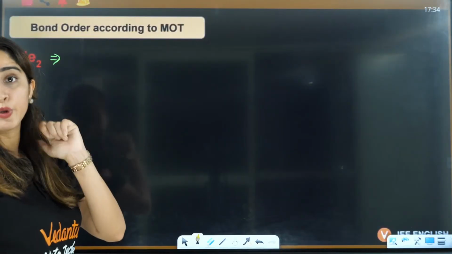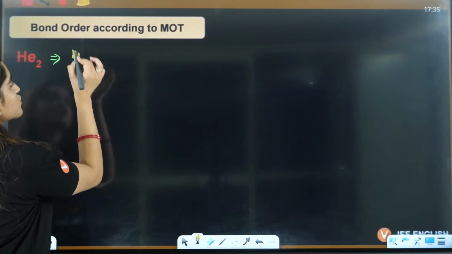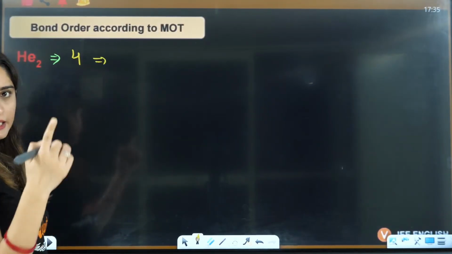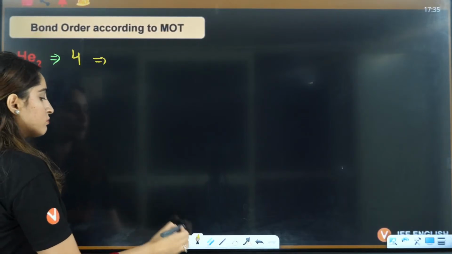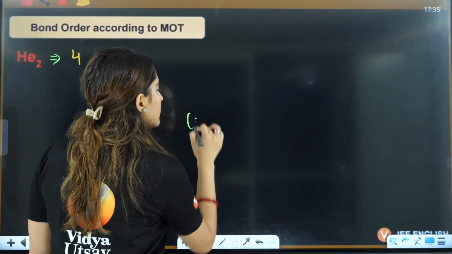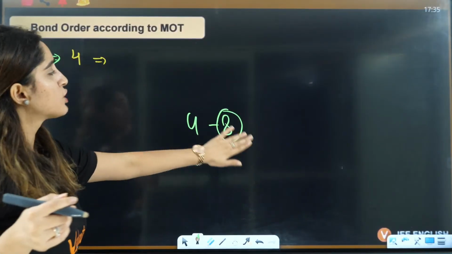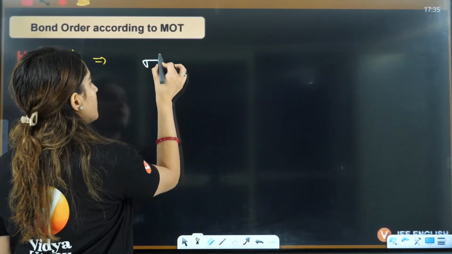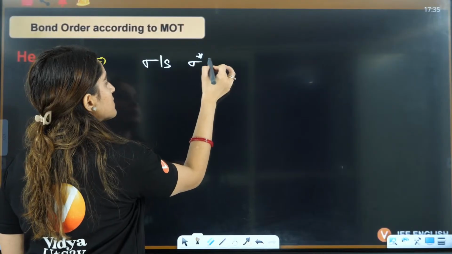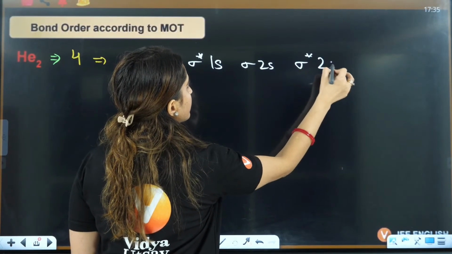So He2, helium. Helium is atomic number 2, so 2 heliums means 4 electrons in total. Now you can't say, ma'am, 4 minus 8. You don't have 8 electrons here. So you directly write sigma 1s, sigma star 1s, sigma 2s, sigma star 2s.